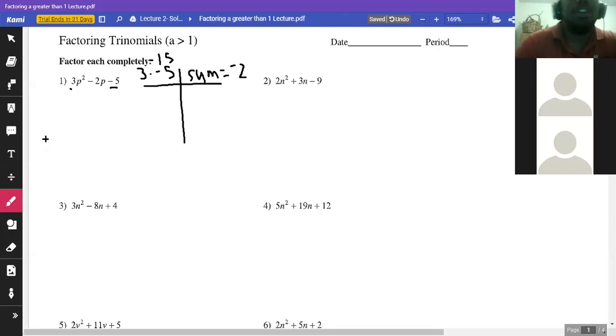So strangely enough, we actually already kind of gave away the answer. The answer is going to be 3 and -5, because if I add 3 and -5, that just makes -2.